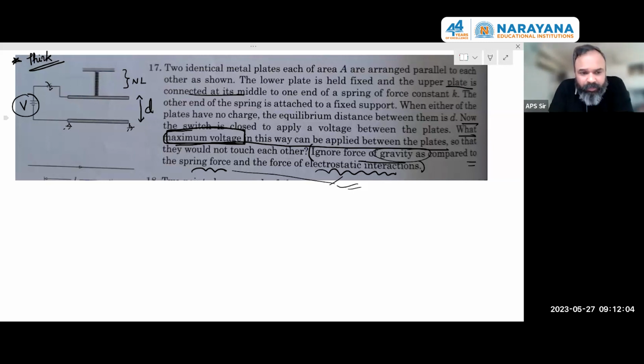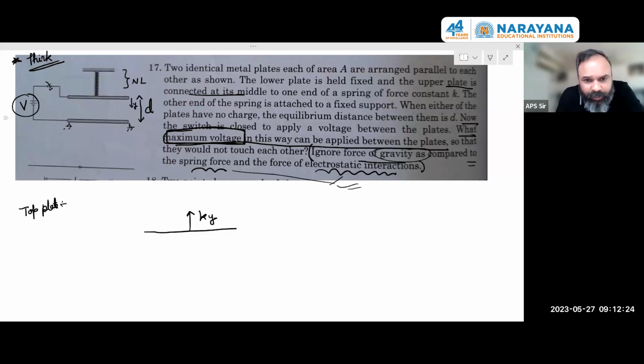The idea in this problem is that if you analyze the top plate at a general location, what exactly is happening? At a general location y from this place, I have a spring force, which is ky. At that place, there is a force of electrostatic attraction, which is 1 upon 2 epsilon naught A times Q square.